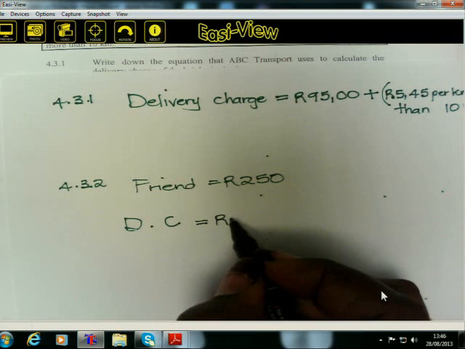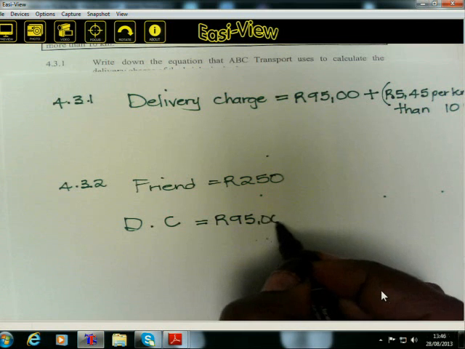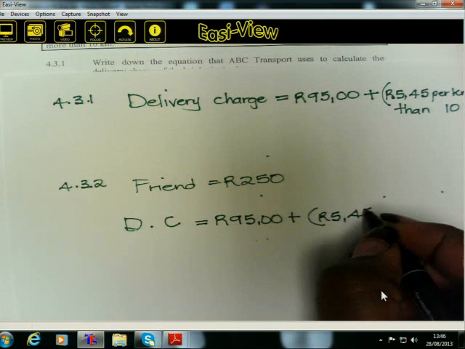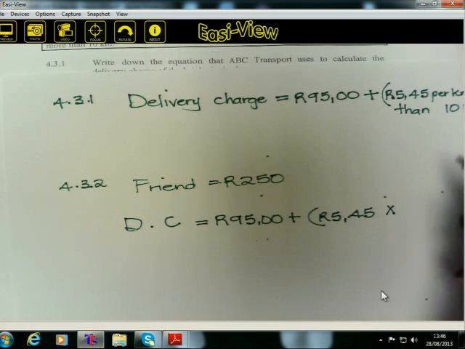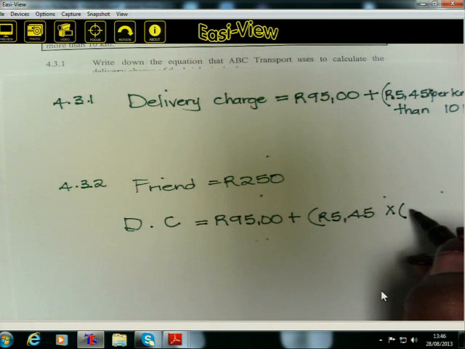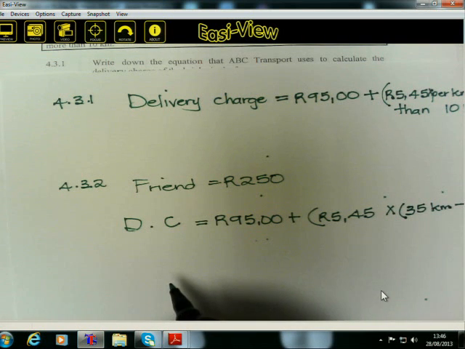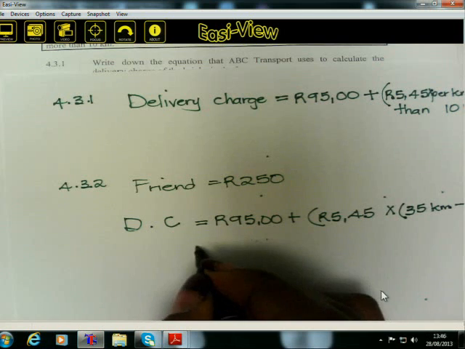Remember, there's a set fee of 95 rands plus the 5 rand 45 multiplied by, I'll open another small bracket because here now Mr. Ravi stays 35 kilometers away, but we must minus 10 kilometers because you only start paying extra if you stay at a distance that is more than 10 kilometers.